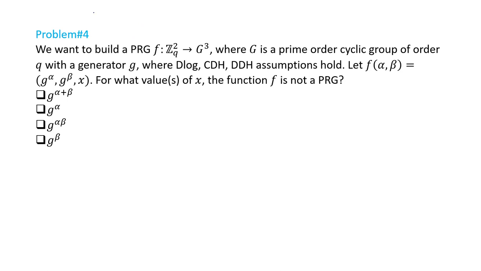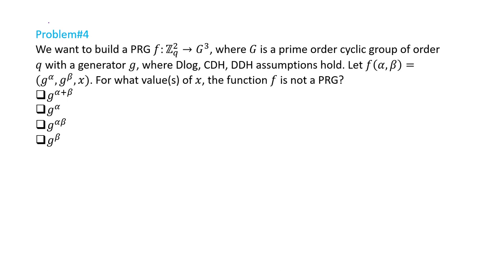So for a pseudo-random generator, the seed is secret, and we generate a bit stream, and that bit stream is supposed to be indistinguishable from a uniform random bit stream. That is the concept of PRG.